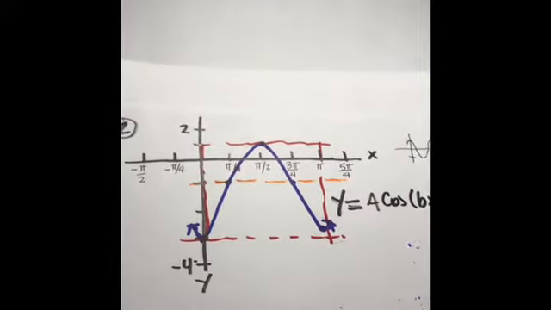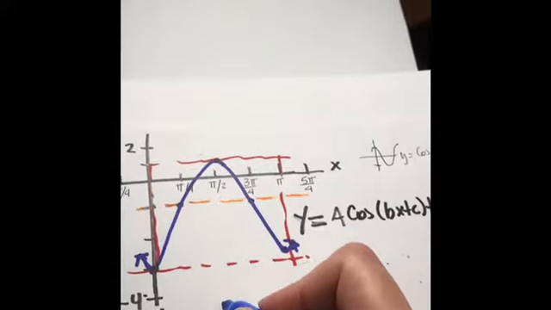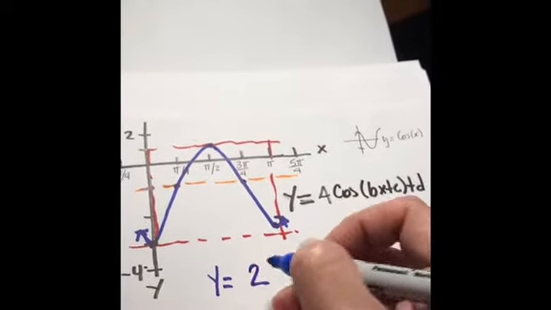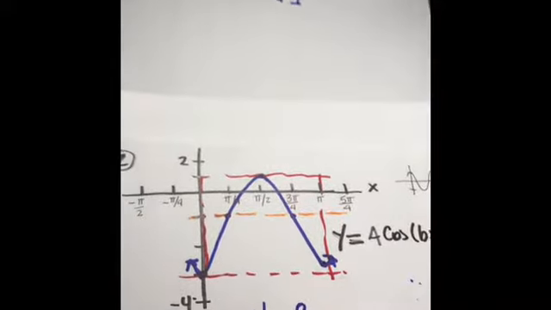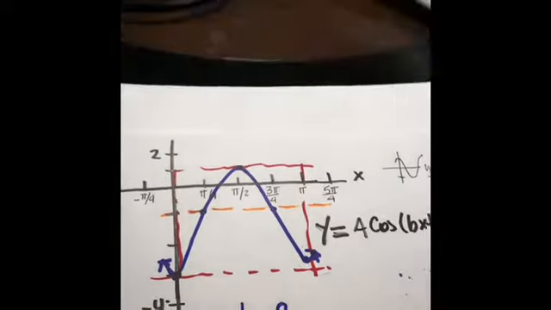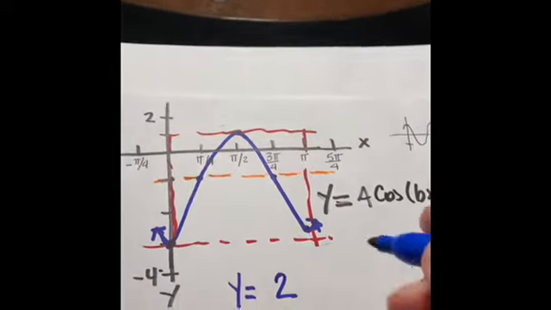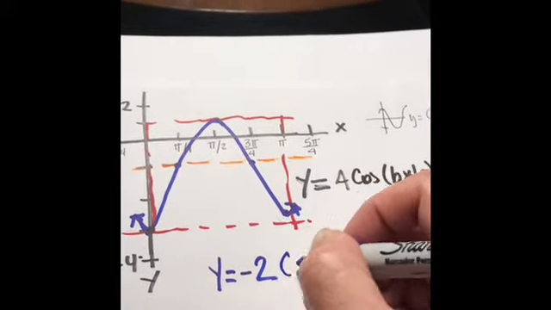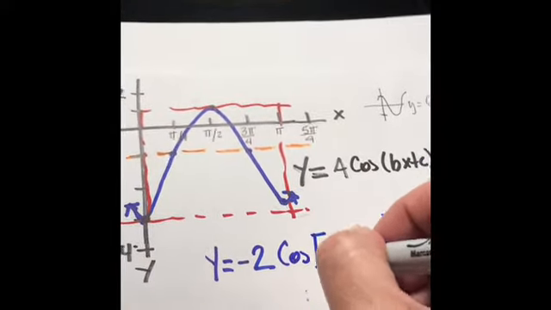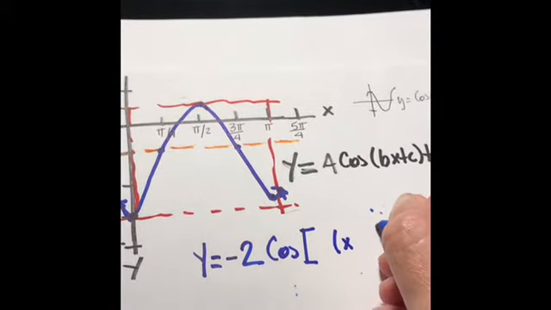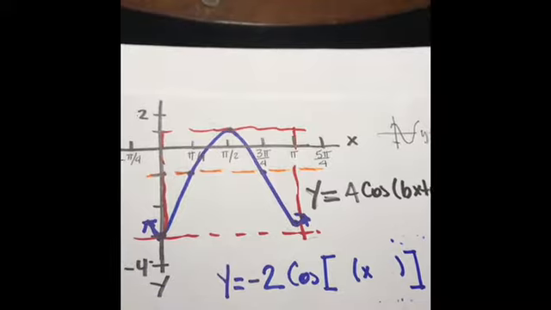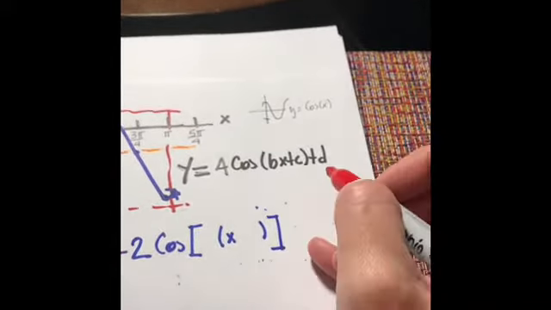So I can say that the equation will start looking like y is equal to 2, but since the graph is reflected over the average y value, this means that my amplitude is going to be negative. Minus 2 cosine of something x something and the plus d. Okay, let's get the vertical movement out of the way, the plus d part.